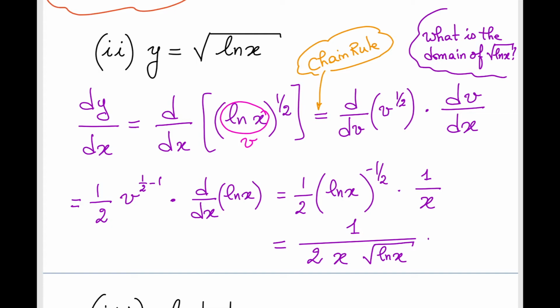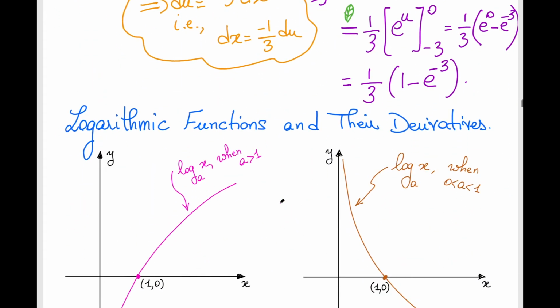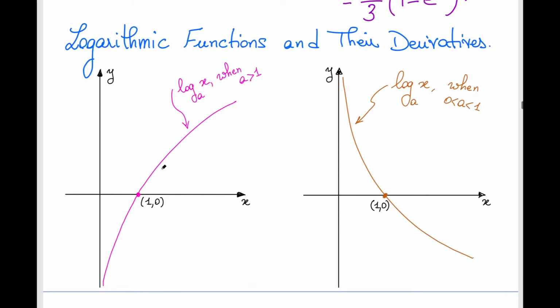Ln x, when the base is e, which is bigger than 1. Take a look. The trend looks like this for ln x when a is e. So you see all these x allow the function to be negative. And at this number, the function is 0. This is where it starts being a good output to be placed under the umbrella.